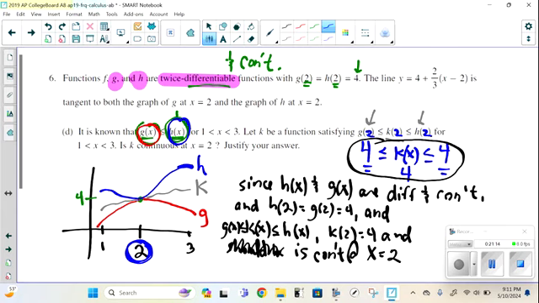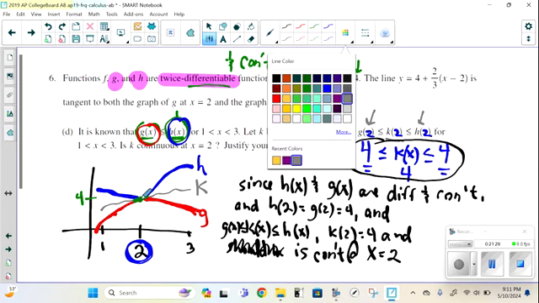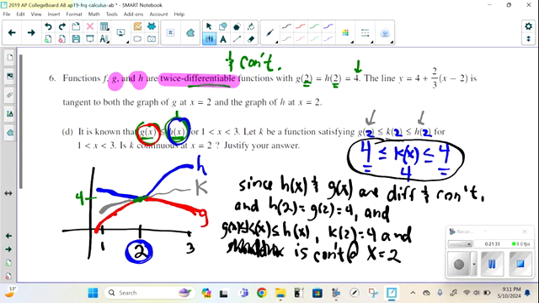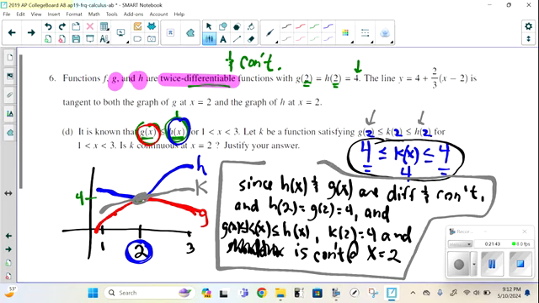If h comes through here, boop, and comes through here, boop, and g does the same thing, comes through here and here, and they form this mutual little line at 2, then that means k has to also make that same line right there. It has to. That's how you answer it without knowing that one oddball theorem that I hardly talk about.